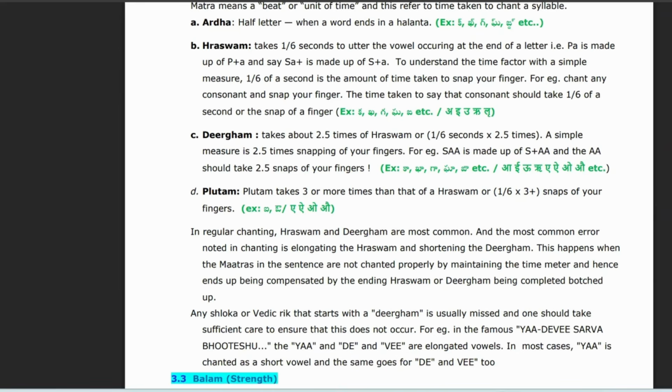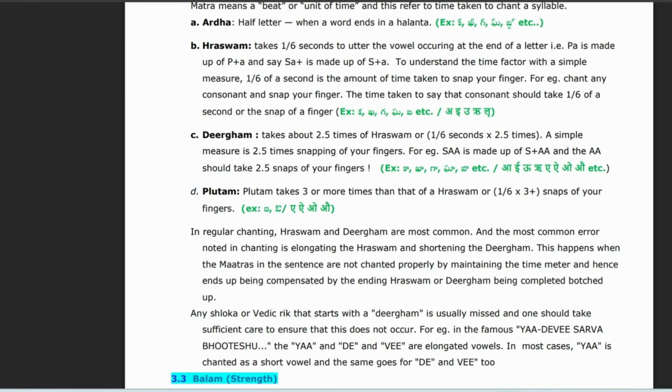So hrasvam is ka, k, g, gh, nya. There is a difference between the half letter k, g, gh versus hrasvam ka. You are adding a at the end of it, or adding i at the end of it: ki, gi, ghi. Something like that.